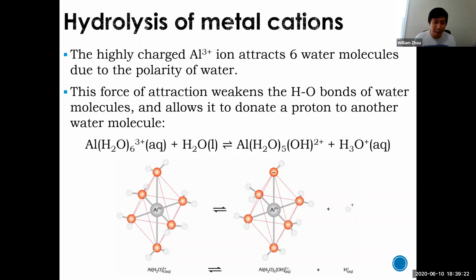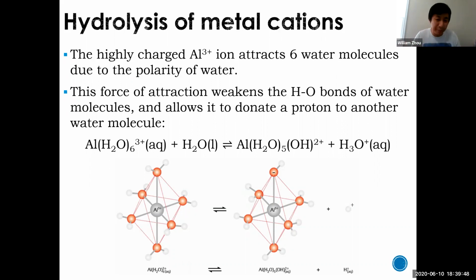If you check out the equation for this, aluminum H2O6, that's the complex there, 3+, right? Plus another water molecule. So what happens is one of the molecules from the complex ditches the hydrogen. So you have aluminum H2O5 on the right side. So 5 of them didn't do anything. One of them became OH because you got rid of a hydrogen.